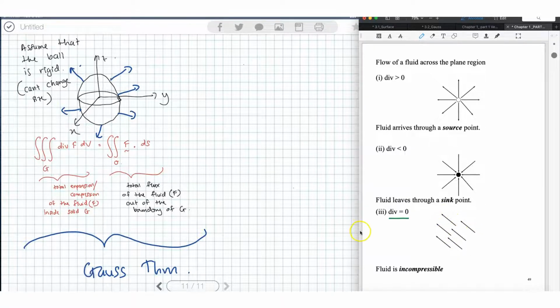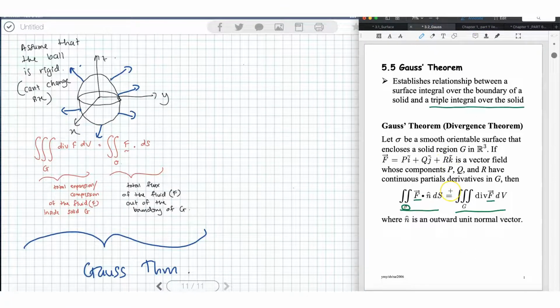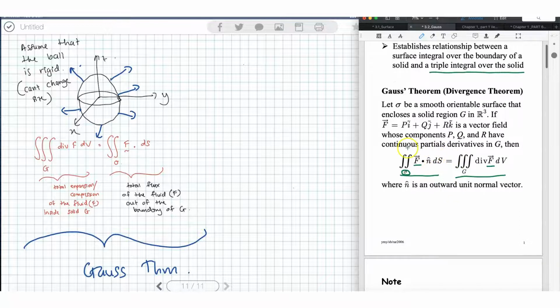Okay, so now we extend our understanding of the divergence, and we implement that in the Gauss theorem. The thing that we have done previously, we have already calculated F dot N dA and so on. But now let's say we have a closed surface that becomes the boundary of a solid.